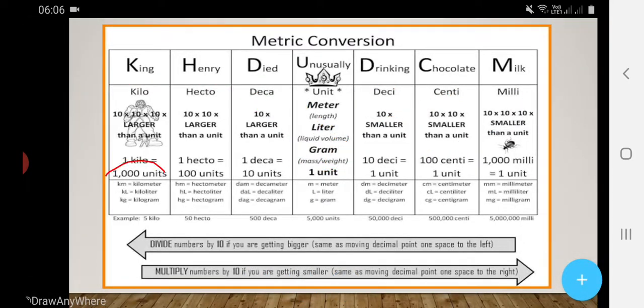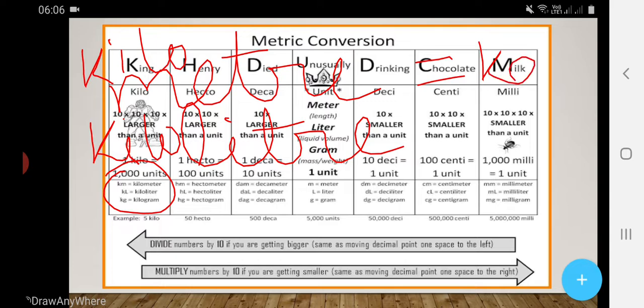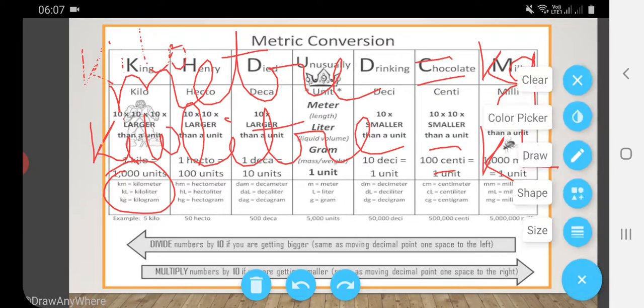Here, these are the notations. km means kilometre, kl kilolitre, kg kilogram, m metre, l litre. Before m it is kilometre here, before l it is kilolitre here. km is the notation for kilometre, kl for kilolitre. Now, hm is hectometre, hl is hectolitre, hg is hectogram.